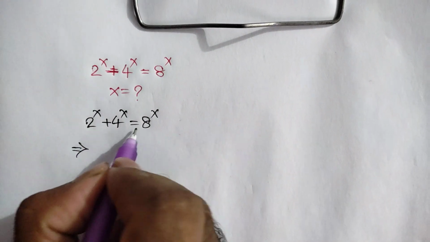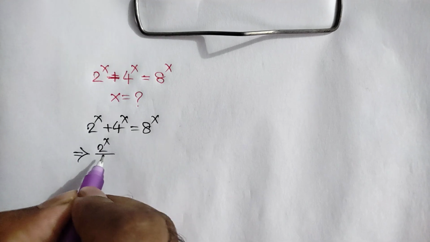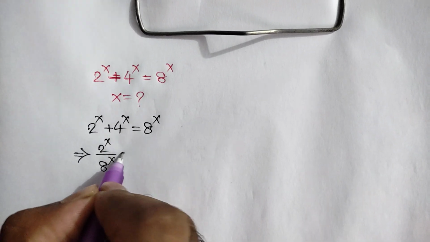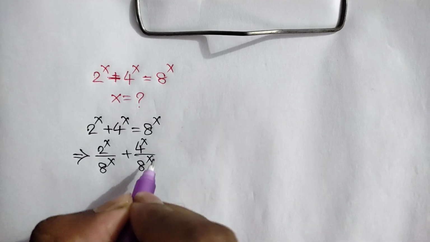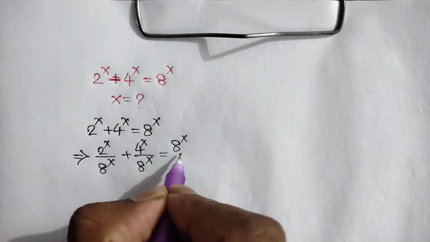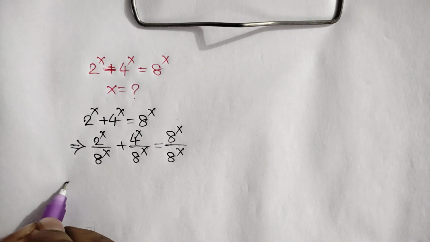Dividing both sides by 8 to the power x, we can write 2 to the power x over 8 to the power x plus 4 to the power x over 8 to the power x is equal to 8 to the power x over 8 to the power x.